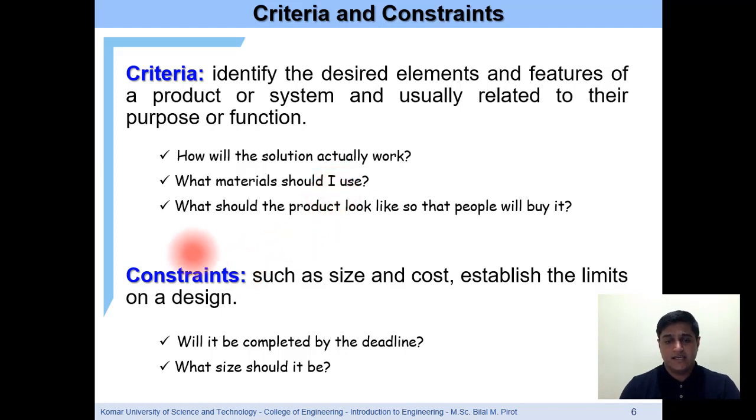Or you can say, what should the product look like so that people will buy it? So how can people buy something? You should know the desires of people. You should know the requirements of people. Then you can identify the criteria or the properties of your product.